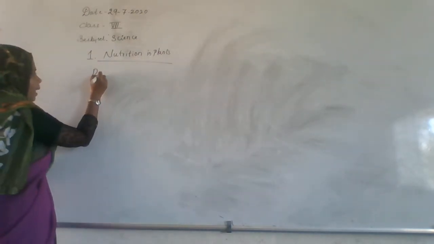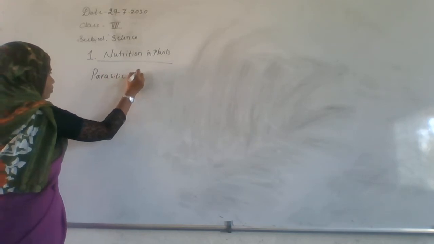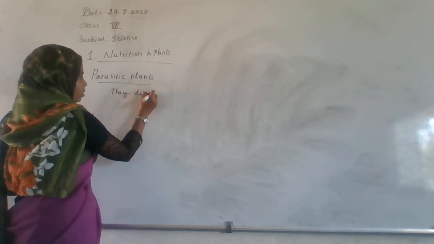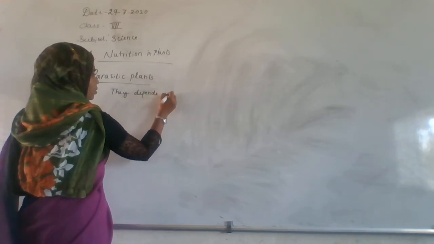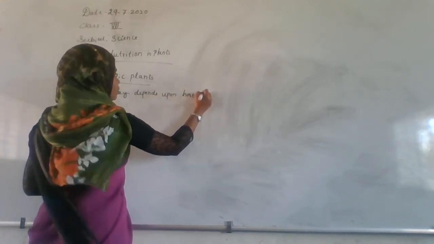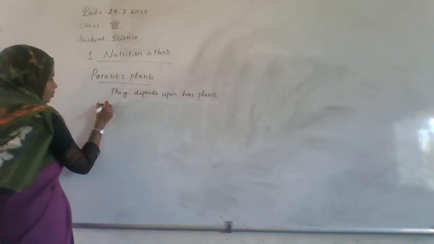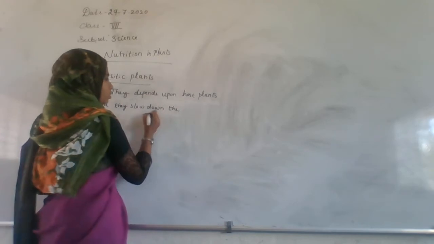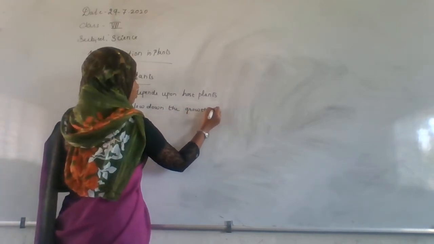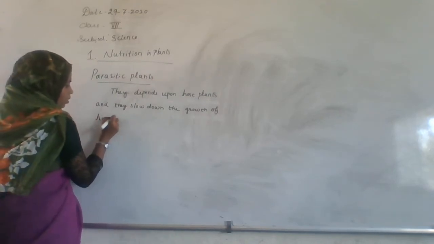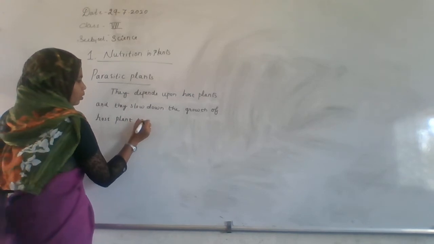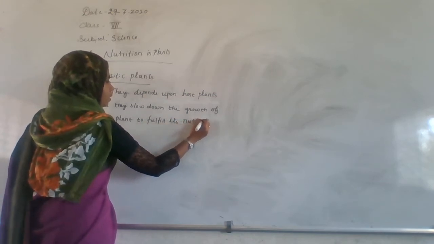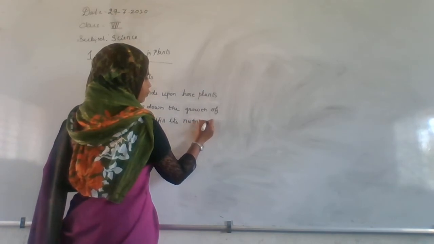How do they do it? They depend upon the host plant, and they slow down the growth of the host plant to fulfill their nutrition deficiency.